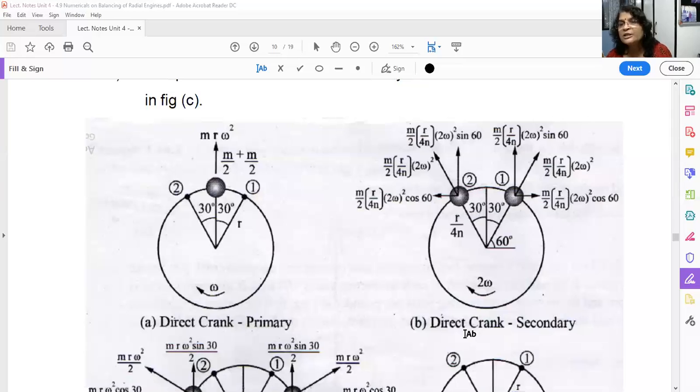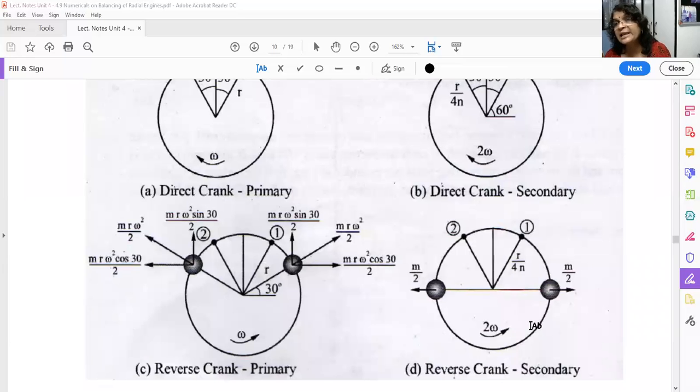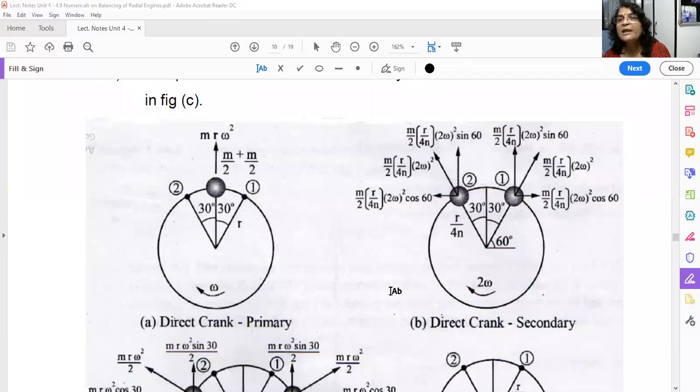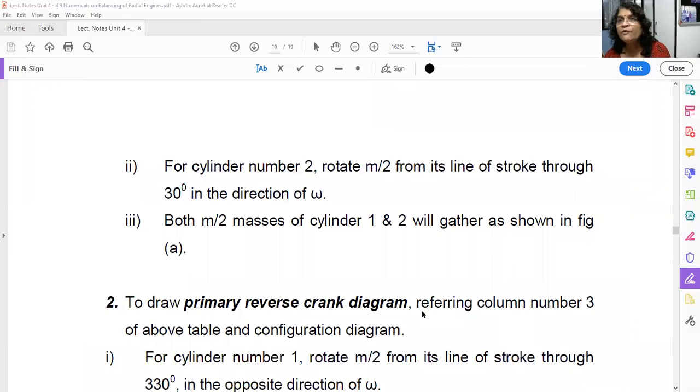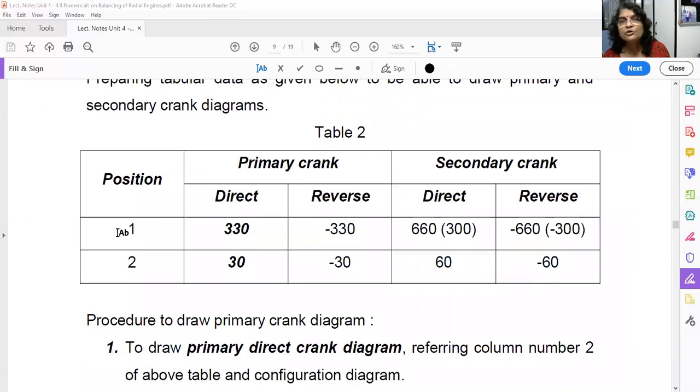Now let us draw this reverse crank diagram, secondary. What angle you have to refer? For column number 5. So cylinder number 1 line of stroke to be rotated by 300 degree in the opposite direction of omega, that is anti-clockwise, and cylinder number 2 line of stroke you have to rotate by 60 degree in the opposite direction of omega.